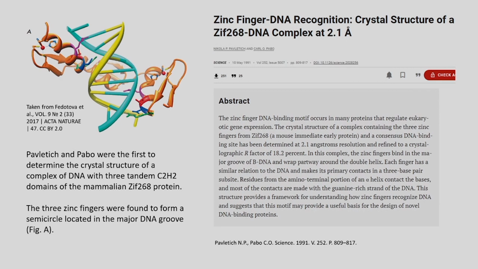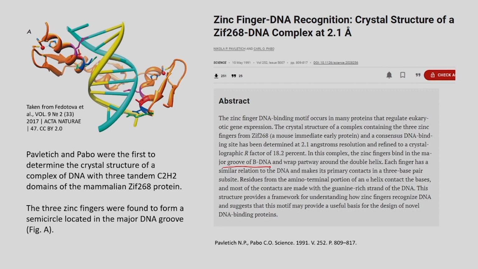The 3 zinc fingers were found to form a semicircle located in the major DNA groove. In this complex, as you can see in their abstract, the zinc fingers bind in the major groove of B DNA and wrap partway around the double helix.